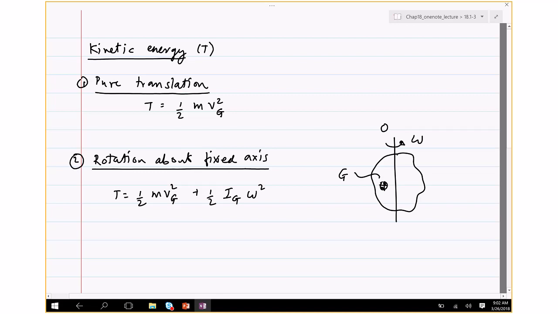So this is the sum of the translation energy, half m vG square, plus half IG omega square, which is the energy due to rotation.